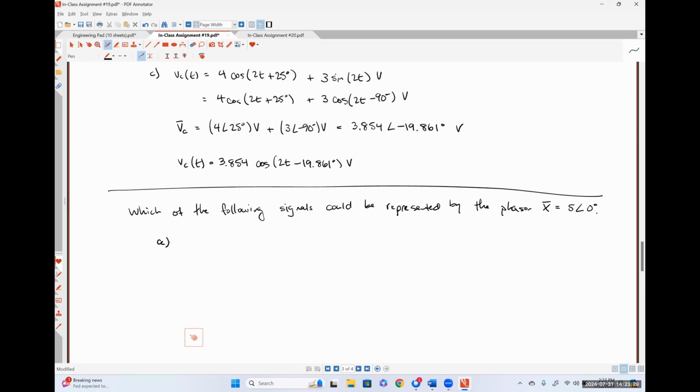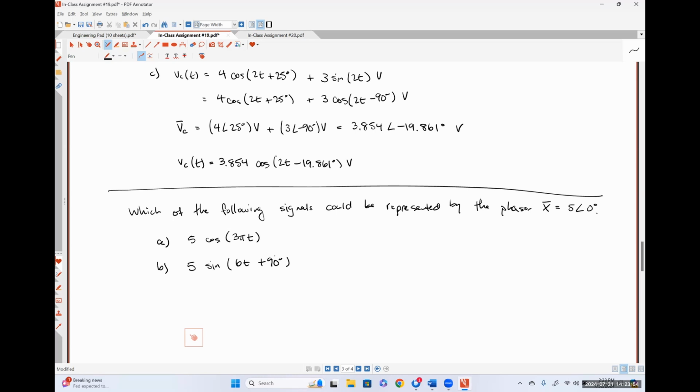And so you might have options like 5 cosine 3 pi t, or 5 sine 6t plus 90 degrees, and then I could find another one or two.